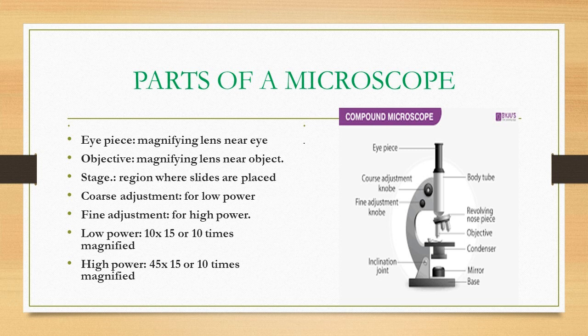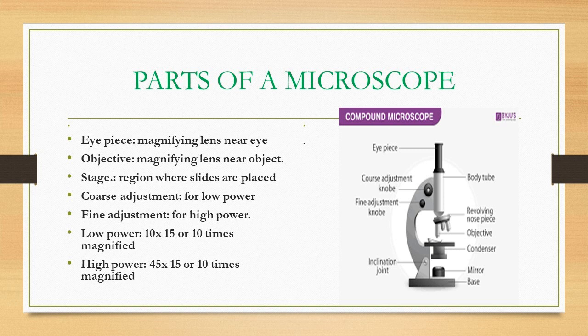The low power lens is either 10x, that means 10 times magnified, or 15x, which means 15 times magnified. So you have the objective lens which is 10x, 15x or 45x, and the eyepiece lens has either 10x or 15x.